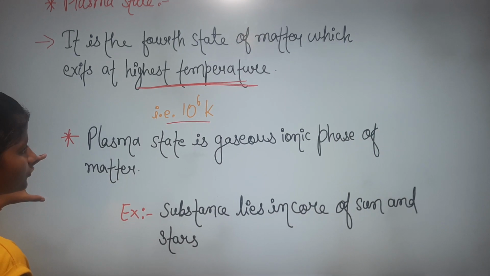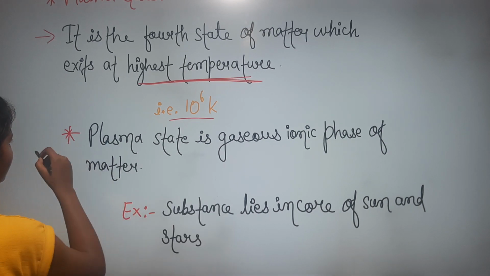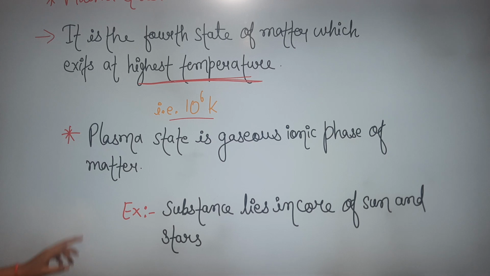And there is one more point: plasma state is a gaseous ionic phase of matter. For example, substances lying in the core of the sun and stars are in plasma state.